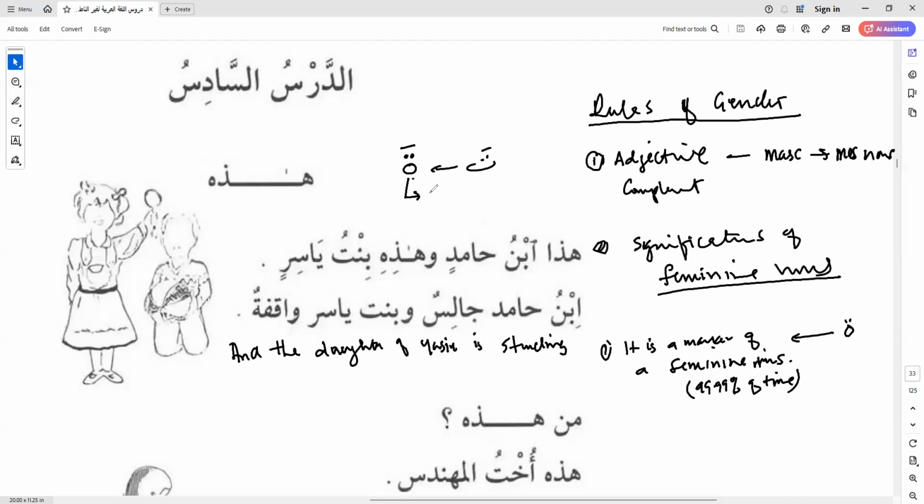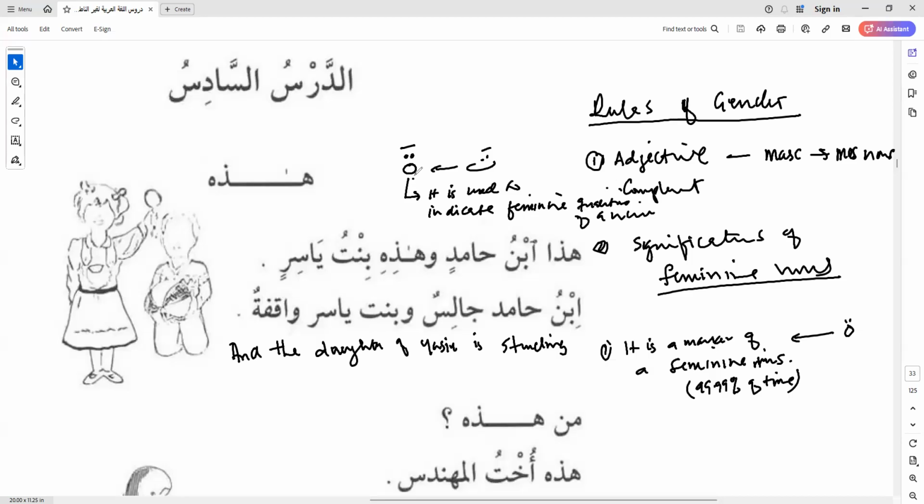But this ta is used to indicate feminine quality of a noun.